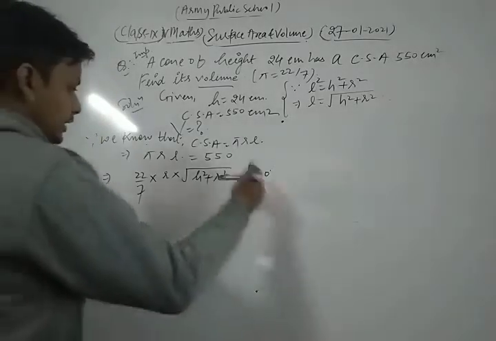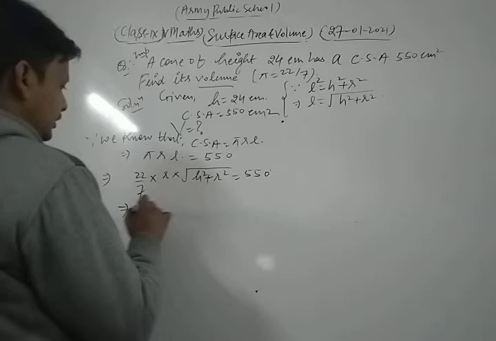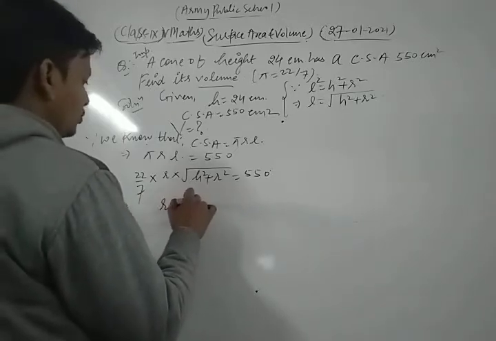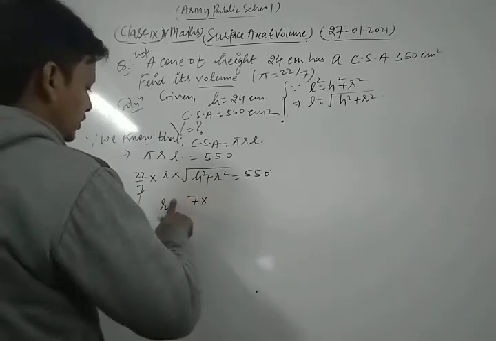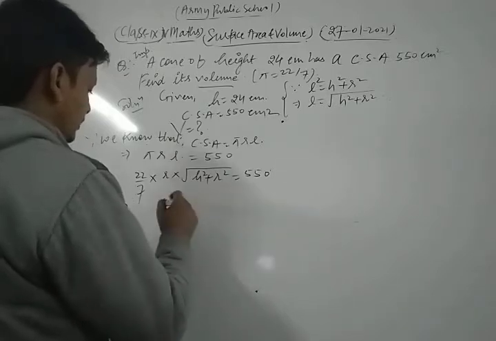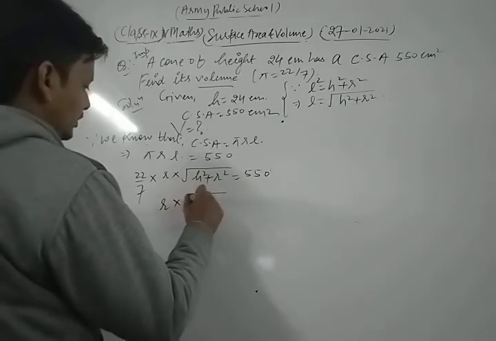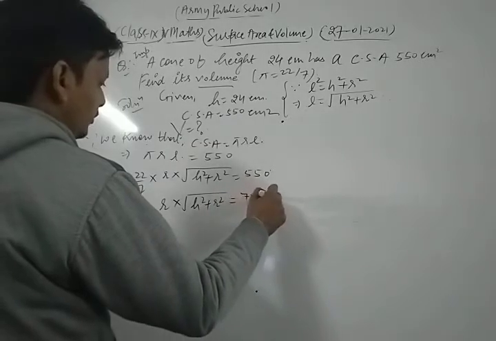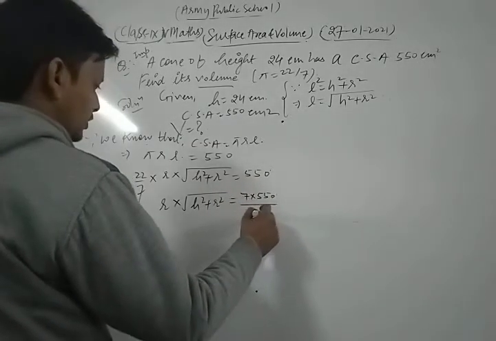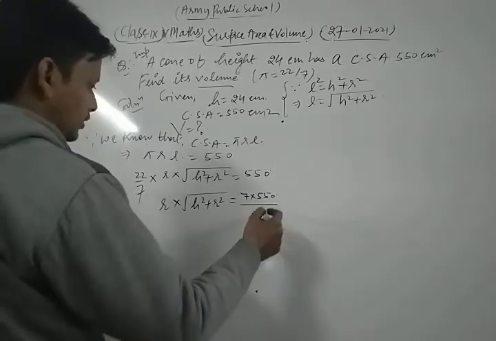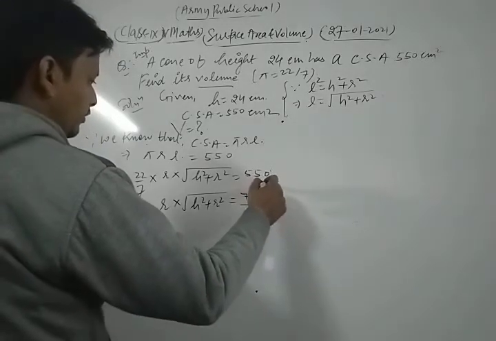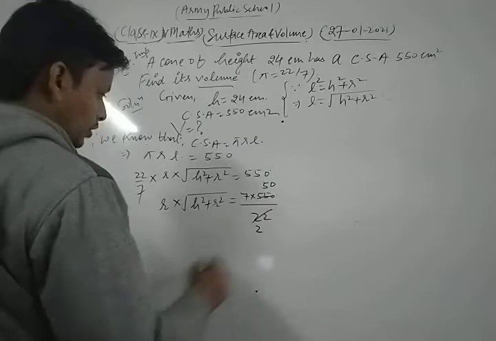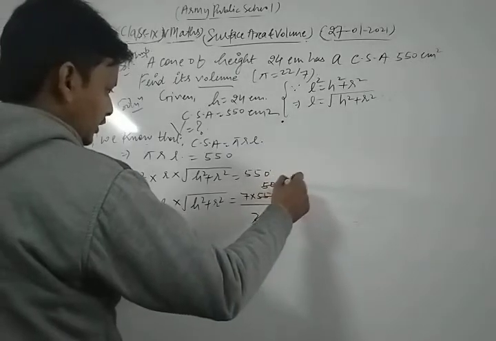Dear friends, now what do I do? Now we transfer that side, so we get r into the square root of h square plus r square is equal to 7 into 550 upon 22. Okay, now let's see this, 11 twos are 22, 5 elevens are 55, so 2 twenty-fives are 50.